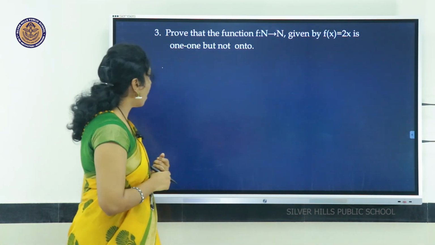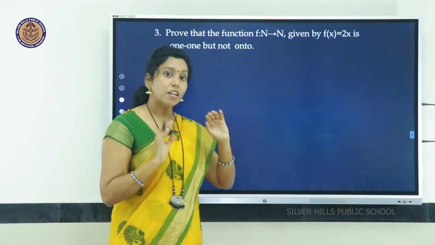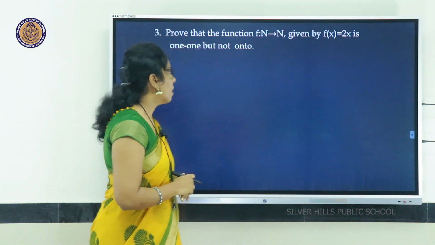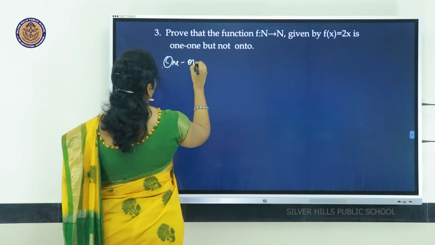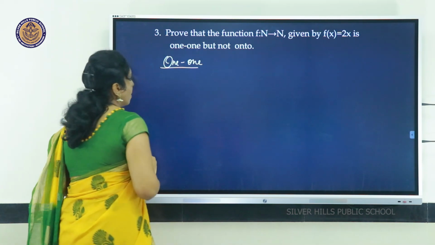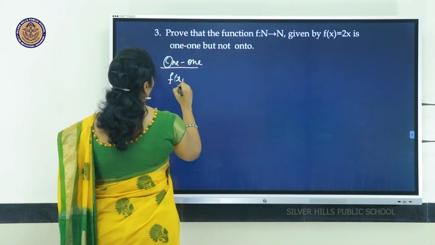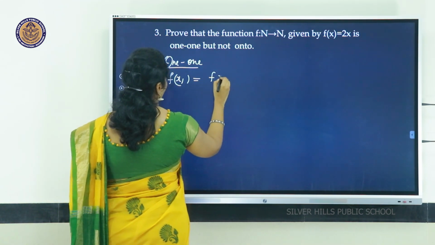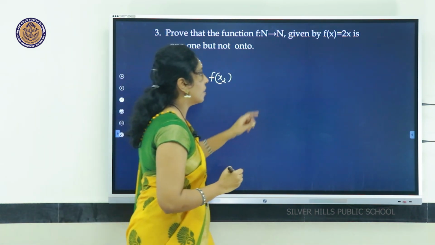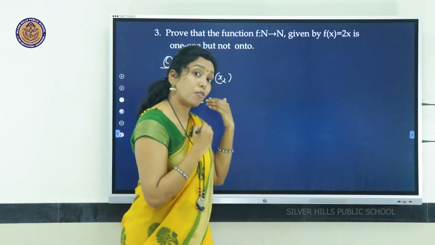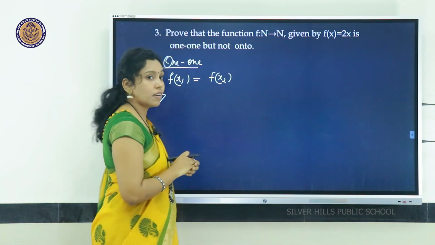So, now let us see how we can prove that this function is 1-1 but not onto. So, let us start with 1-1. So, what is the definition? f of x1 is equal to f of x2 implies, now, what is f of x here? It is 2x. So, f of x1 means wherever x is there, we replace that with x1.